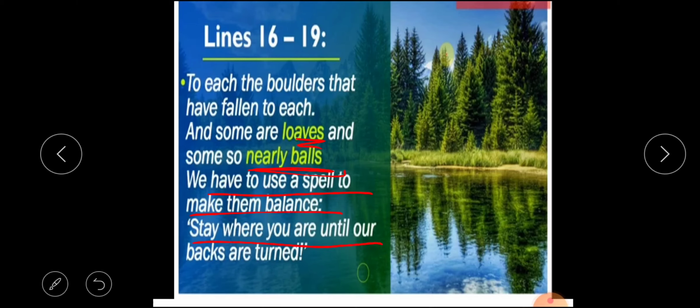Stay where you are until your backs are turned, right? So actually he says that we have to look at how to balance them, and it seems no matter what they do, the boulders fail to stick and fall down. They take a lot of trouble to set them, but they fall once again.